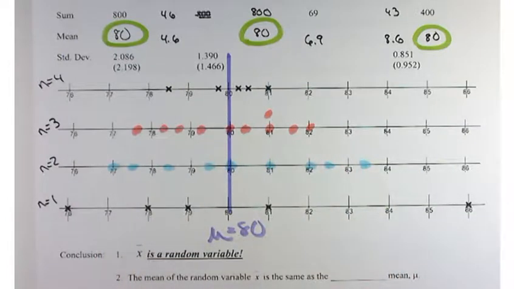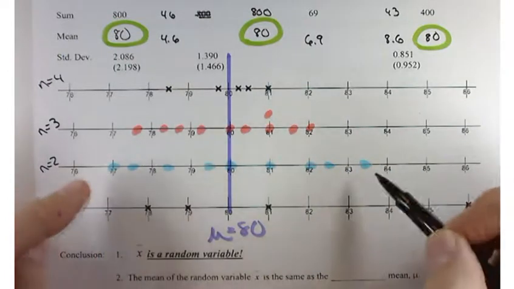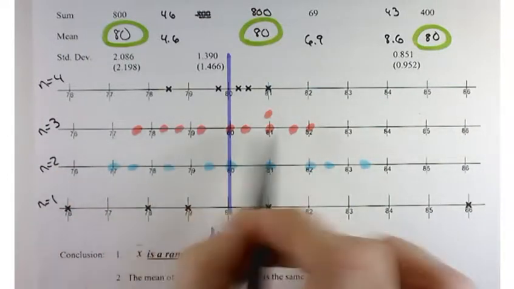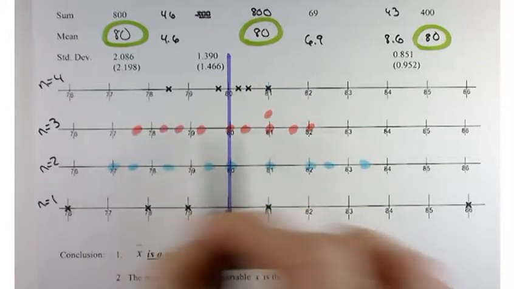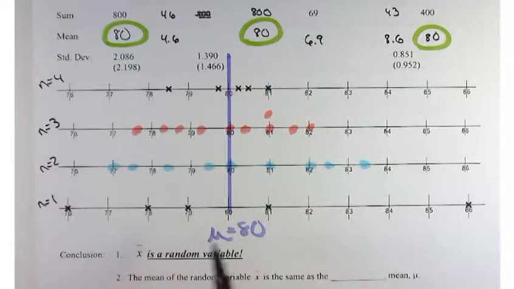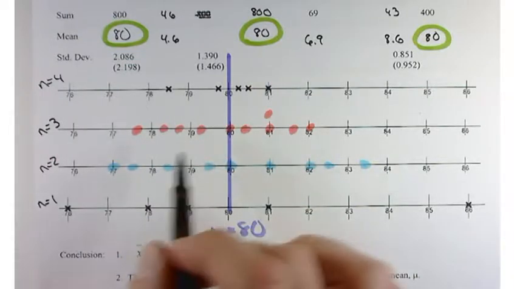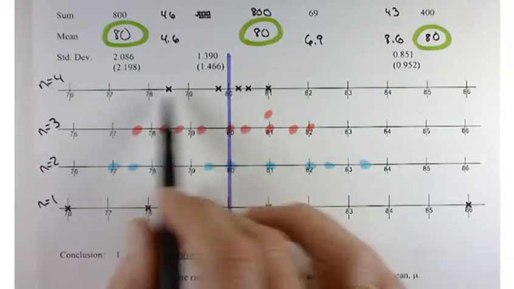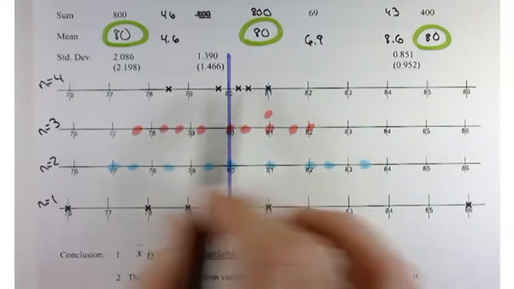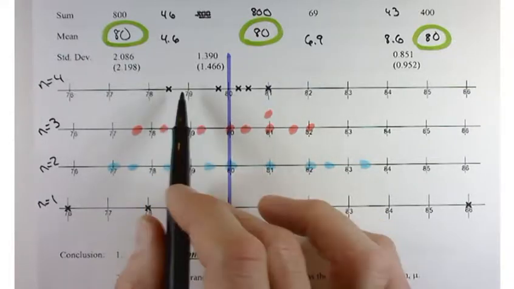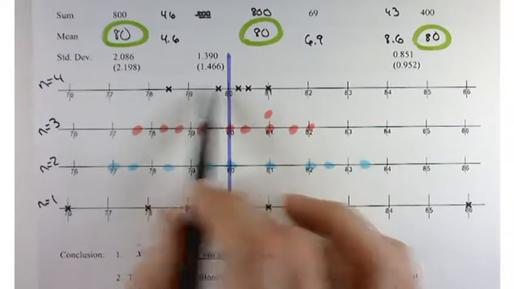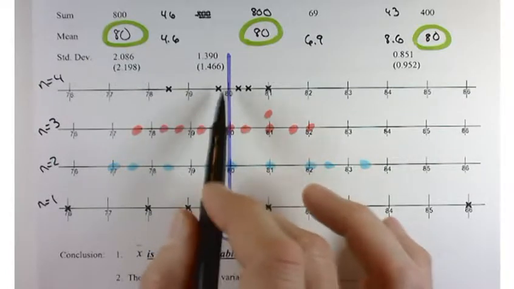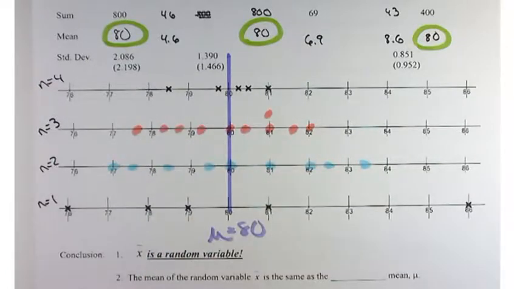So as you increase your sample size, what's happening? Are you more likely to get a good estimate of the population mean? Absolutely. Because even in the worst case, let's say we had a sample size 4, you're not going to be off by that much. In the worst case, you're going to be off by 1.5. But in the best case, you're going to be off by like 1/4.